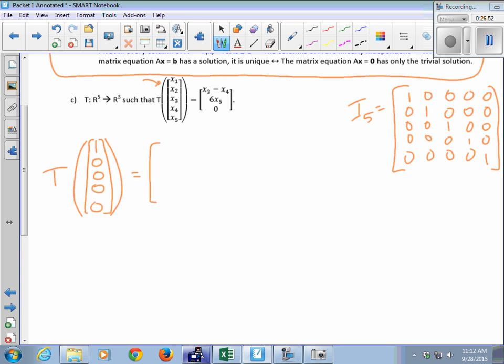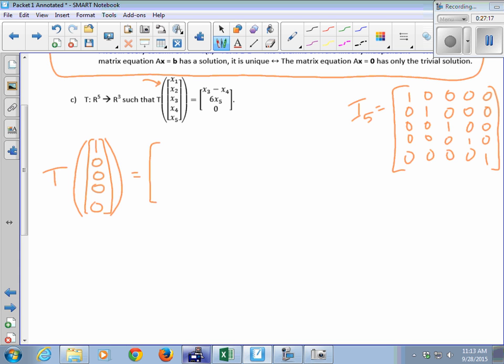The identity matrix is always a square matrix with ones on the diagonal. I'm going to take each column of I5, plug it into T, and see what I get as a result. The resulting vectors are going to be the columns in my standard matrix A. In the first example it was easier because I just told you where the identity vectors went.